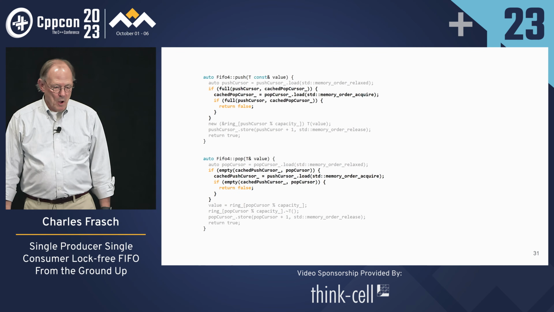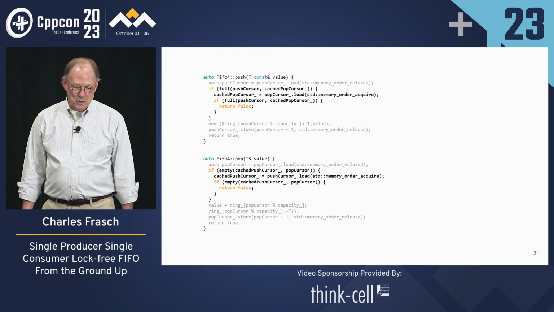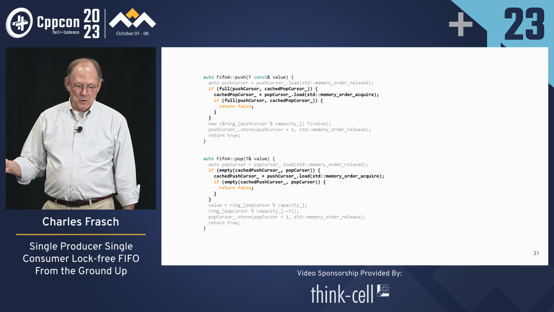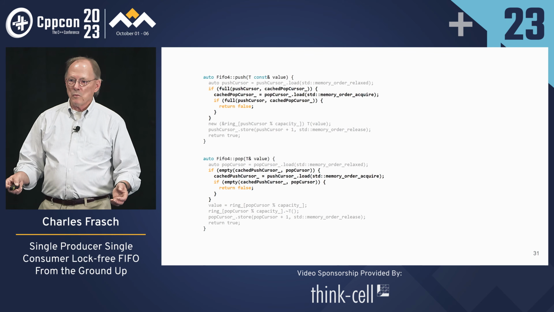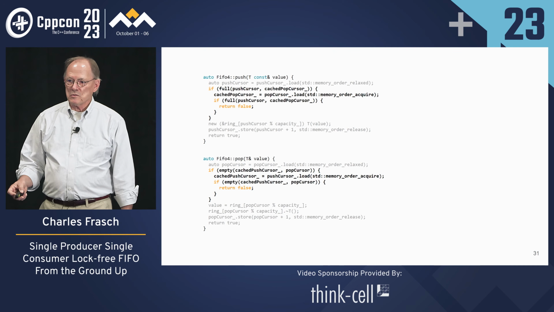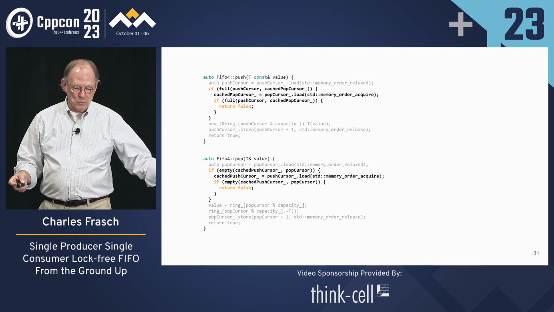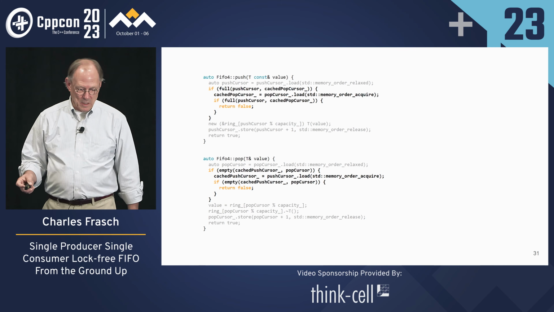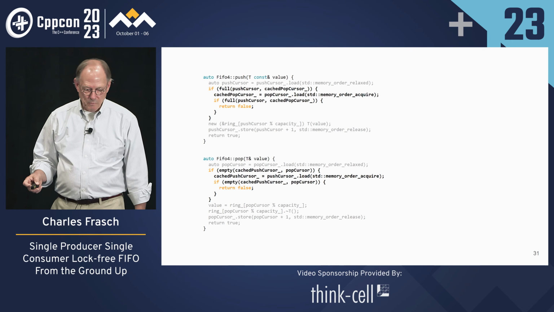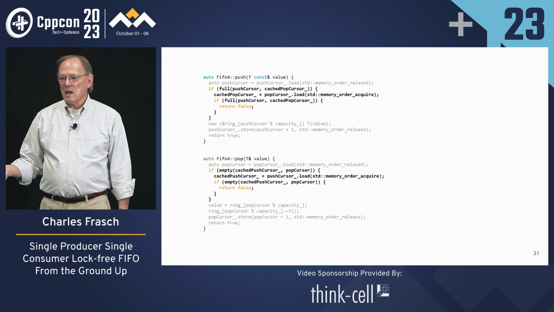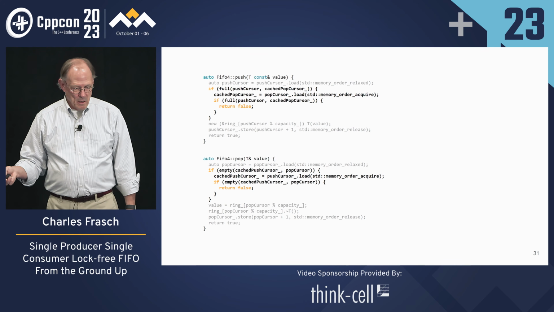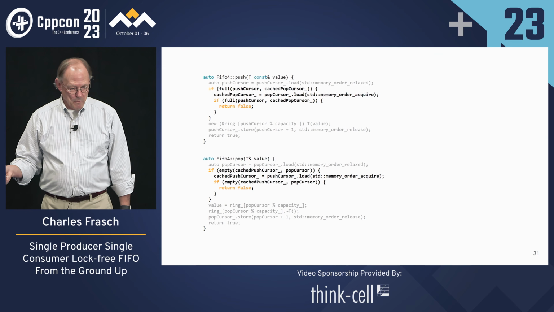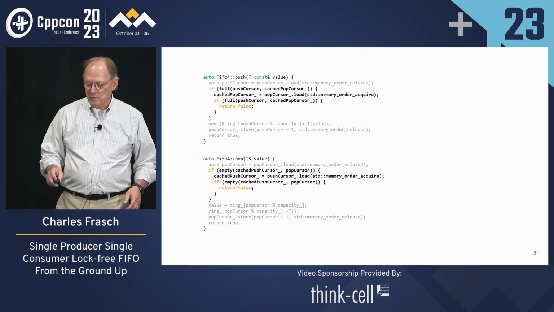But if it is full, we go ahead and load the pop cursor again using the memory order acquire operation and store it in the cached pop cursor value and recompute whether the FIFO is full. If it's full this time, then we just return false. Otherwise, we continue with our push operation. And we do the same kind of calculation for the pop, except, of course, the cursors are different.